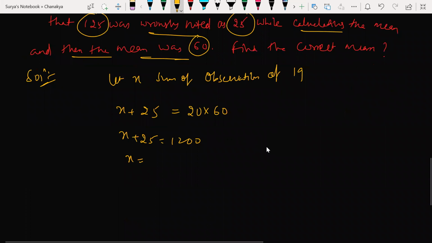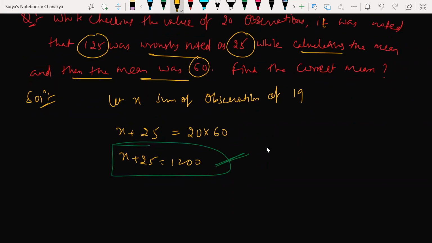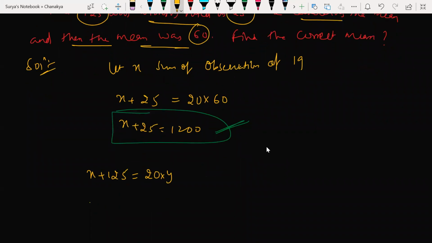And what he has given, look at this here. How many of you understood this equation? Also, we had to write 125, but by mistake he has written 125 instead. Let us take the correct mean as y, so the correct sum is 20y. Let this be equation number 1 and equation number 2.